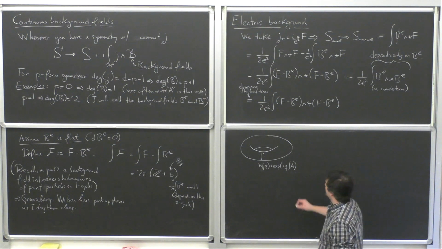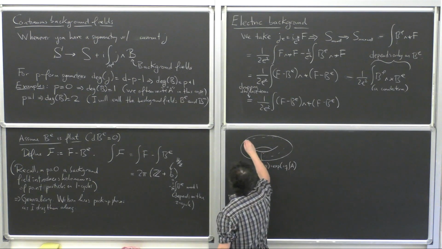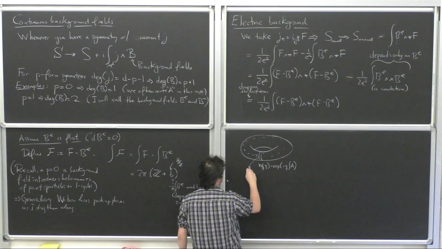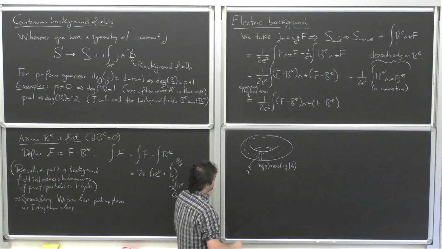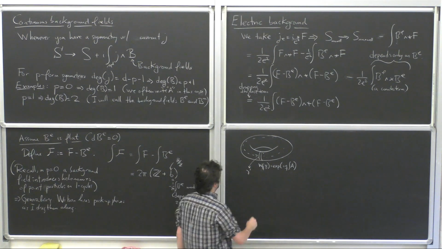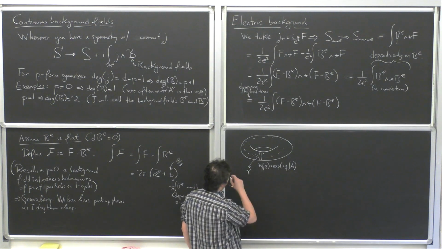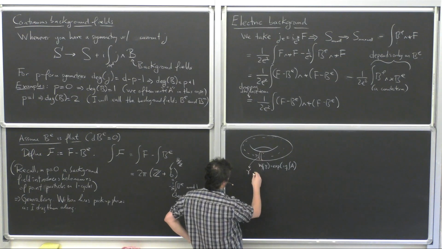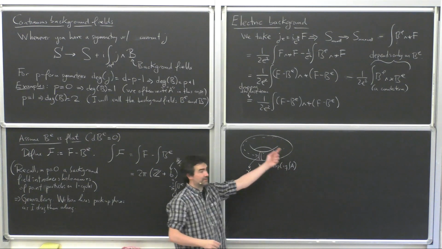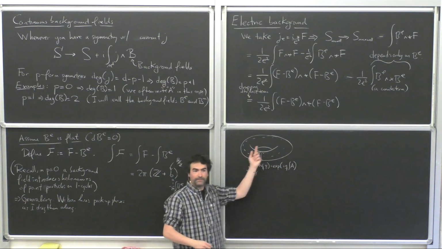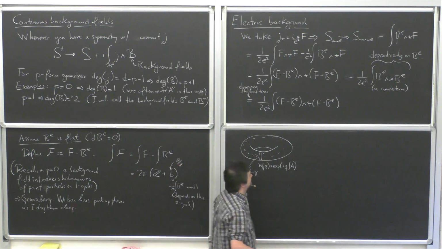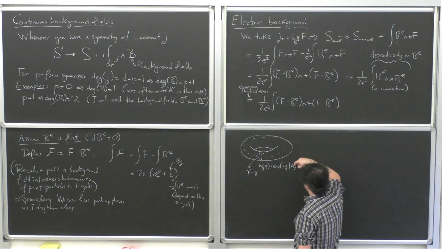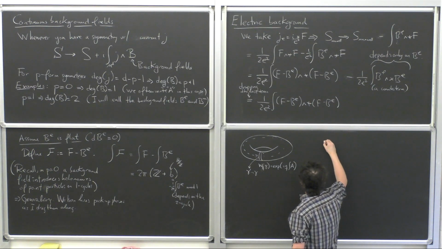So let's do that. I'm going to take my gamma, drag it along the torus, and end up in some gamma prime here, which is on top of gamma, but after translating around the torus. So what's the change in the phase of the Wilson line?